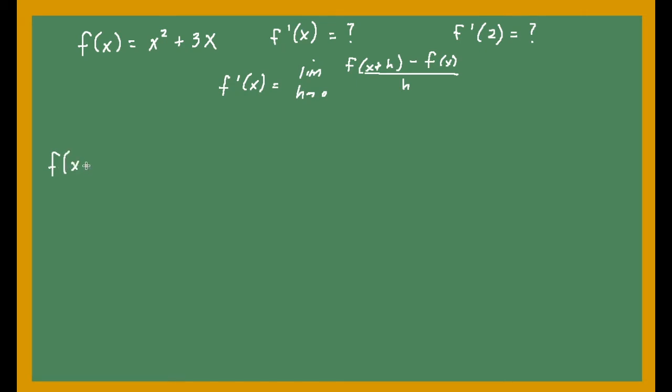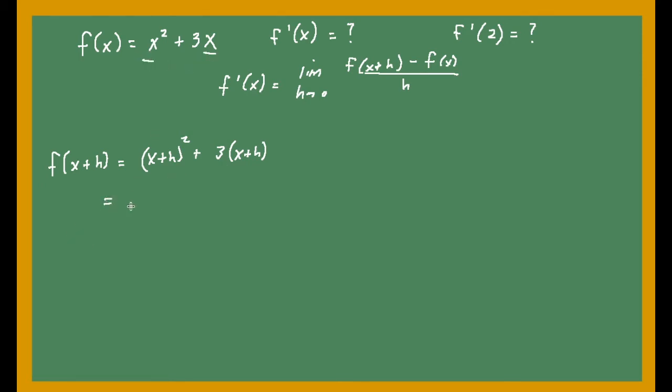So let's find out, what is f of x plus h for this problem? It means plug in x plus h to anywhere you see x up here. So we're going to have x plus h squared plus 3 times x plus h. We have to plug in x plus h here and here.